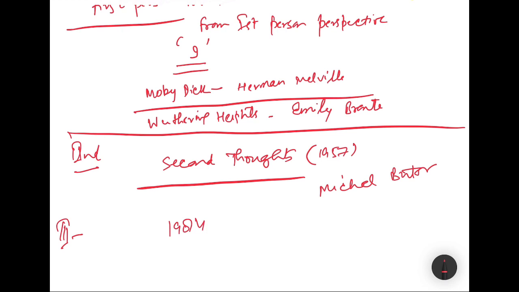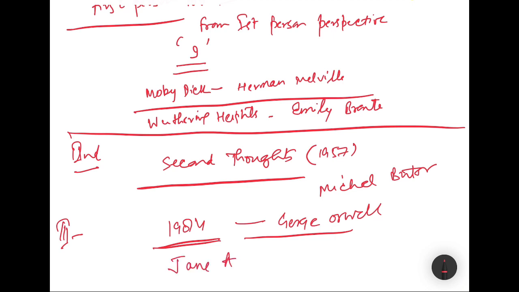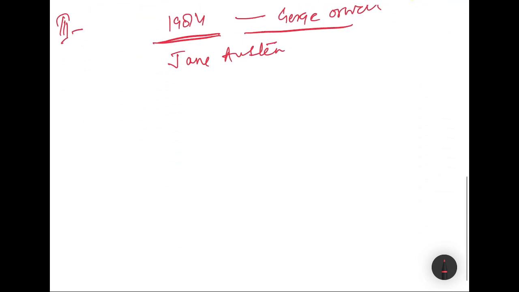You can take the novel 1984 by George Orwell. It's a novel by George Orwell. And there you'll find this kind of narrative. Or if you read the novels of Jane Austen, a famous romantic novelist, there are good examples of third person narrative.